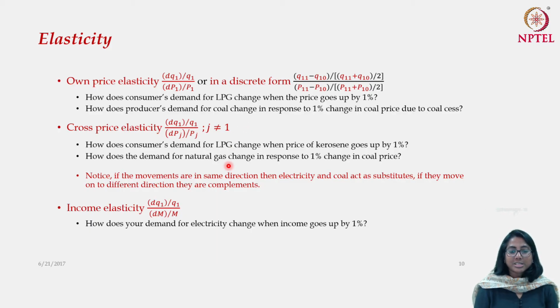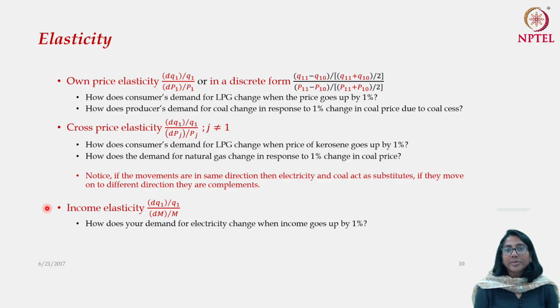For the producer, the question is, how does the demand for natural gas change in response to a 1% increase in coal price? So you are thinking about the cross repercussion. You are considering the change in price in one commodity and you are talking about the demand change with respect to the other commodity.